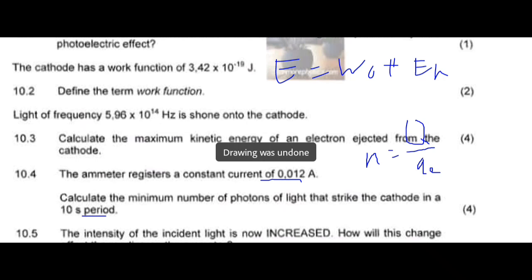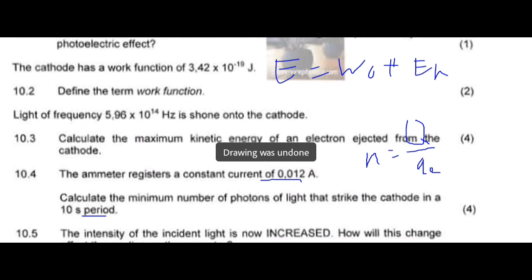If they give it to you in minutes, convert it to seconds. If they give it to you in hours, convert it into seconds. So they gave you the current and the time, and we can easily find the charge. Always remember that, even if it comes in electrochemistry.